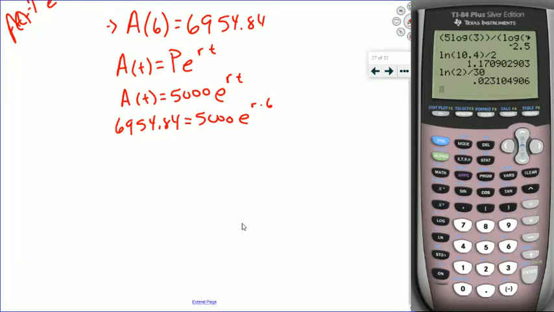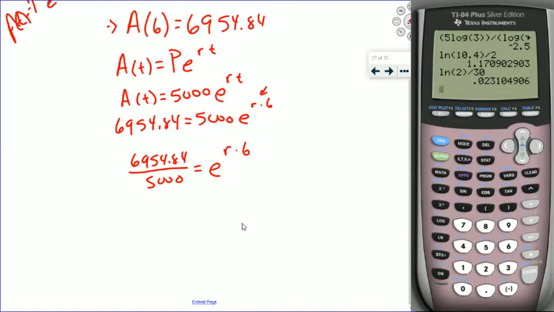So now we want to get r by itself. So we want to get the e term by itself on one side before we can start working with that r. So let's divide both sides by 5,000. So we have 6954.84 over 5,000. That's going to give us some number. I could calculate it out, but I'll just calculate everything out at the end. If you want to get this fraction into a number, please feel free to do so.